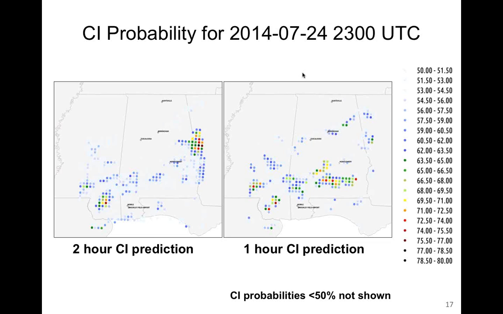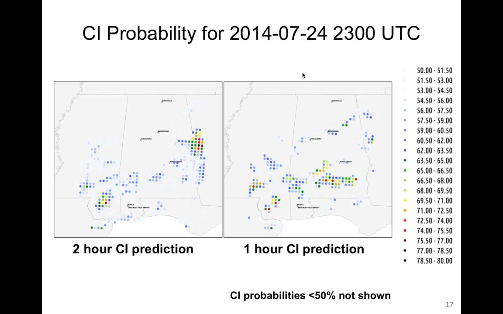We then take RAP model sounding data from non-precipitating grid points in the RAP model. So the goal is to take very local predictors around every single cloud, and that's how we get this 0 to 1 hour.